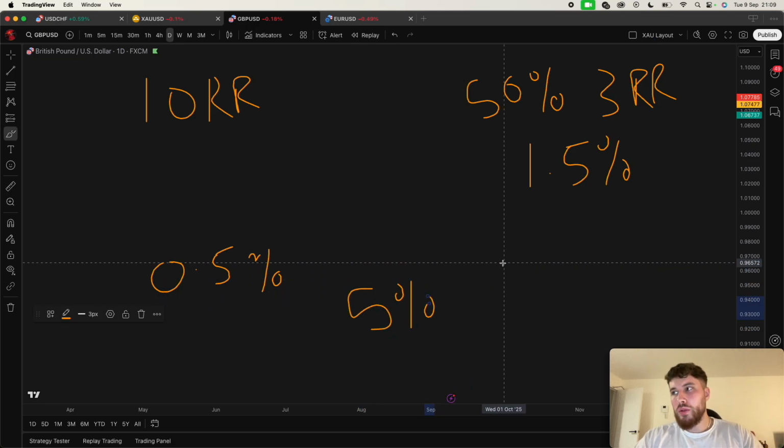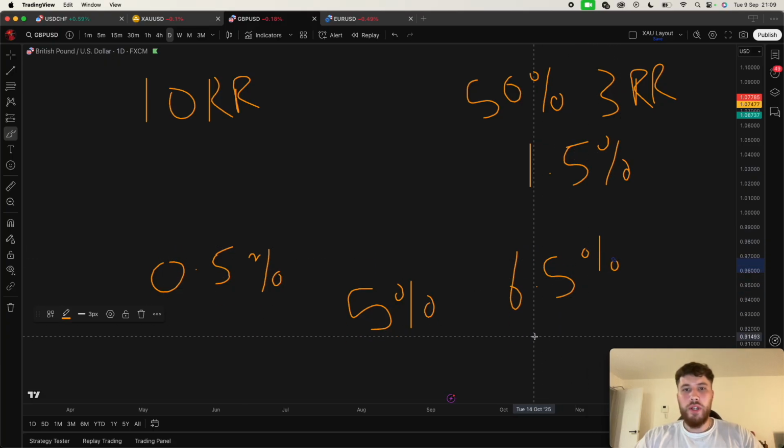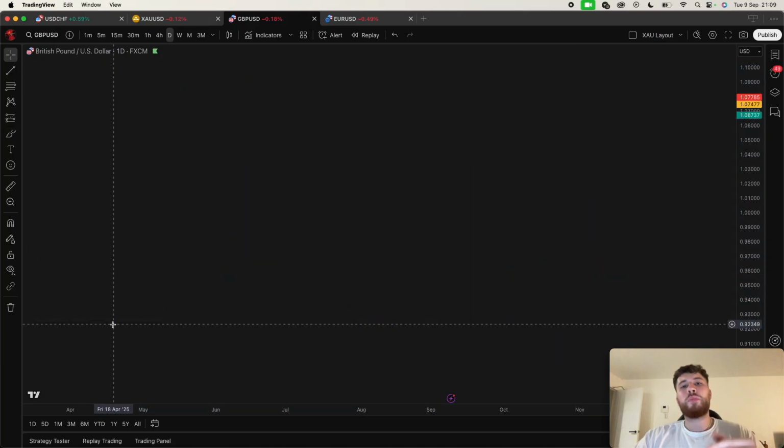So as a whole, we've walked away with 6.5% from a 10RR trade. All the while, we have no exposure in the markets, we're at no risk of taking a loss from the position we've placed, and we are allowing our trade to breathe completely, taking us into a slight drawdown, clearing areas of interest, clearing our entry point before going on to take profit.